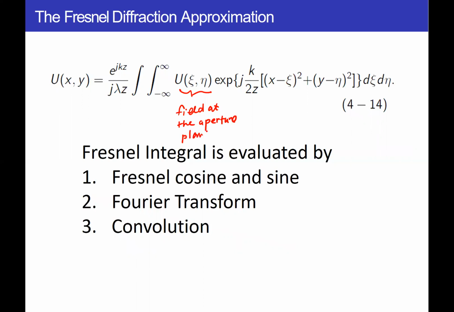And it is integrating over the aperture plane. Okay, so it is integration over the aperture plane. And our field is the field at the observation point. So remember that this is x, y and theta, right? And then we have the so-called quadratic phase.